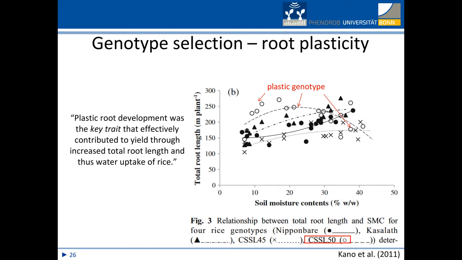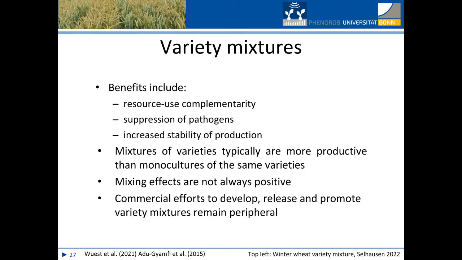However, there is one genotype marked in red which behaves differently. It shows a high root length in case of low soil moisture content and a rather low root length in case of high soil moisture contents. The authors of this study concluded that the plastic root development was the key trait that contributed to yield through increased total root length and thus water uptake.